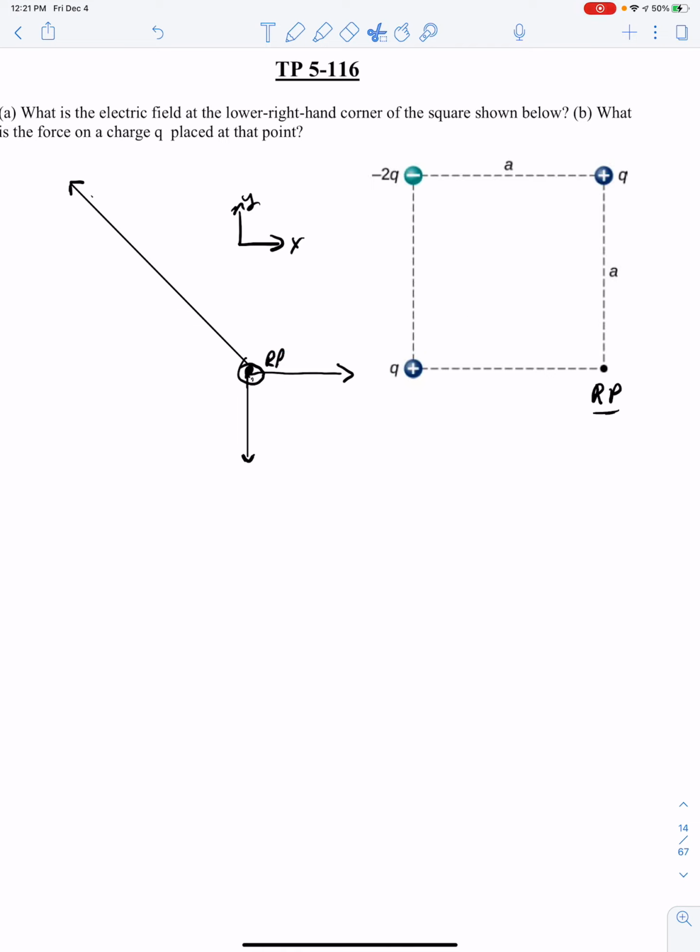You don't have to do this. As long as you know where the X and the Y are, you don't have to do this.